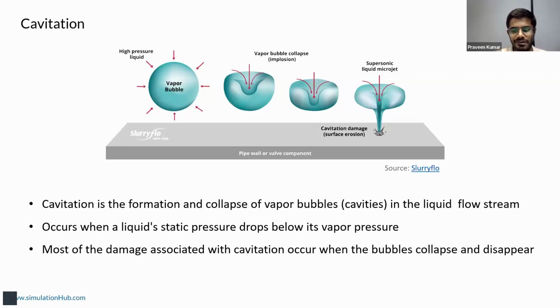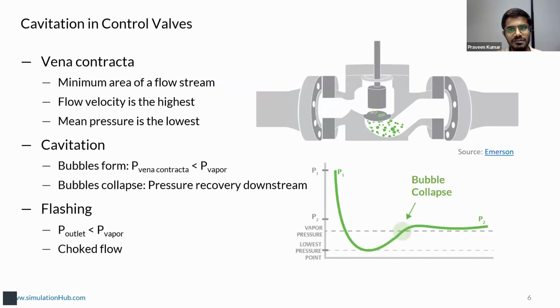This is general cavitation, but how does it happen in valves? To understand that, we should understand certain terms like vena contracta. Vena contracta is nothing but the minimum area of a flow stream. That is where the flow area is minimum, the velocity will be maximum and the pressure will be lowest.